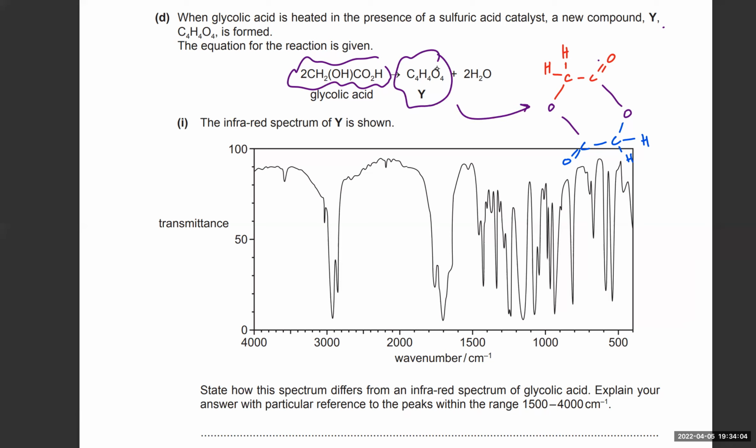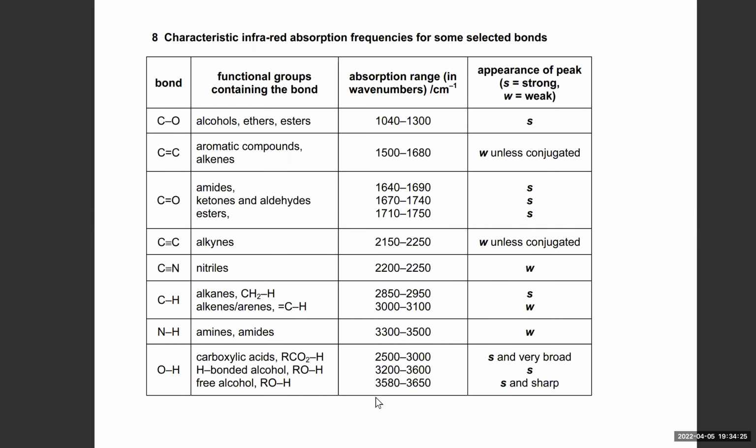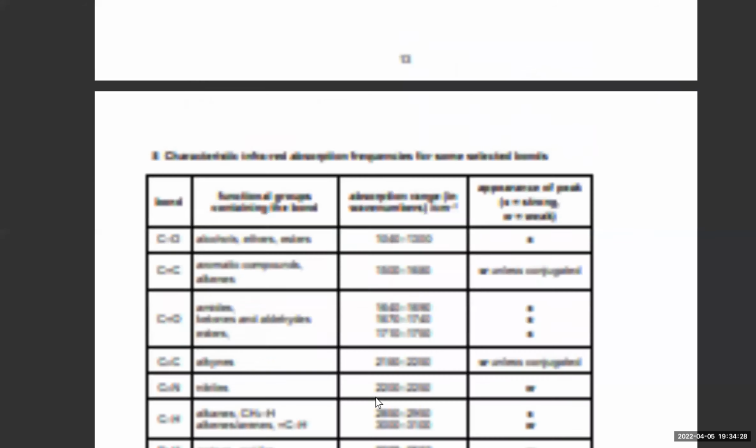And you can confirm this by the infrared spectrum. What does the infrared spectrum tell you? The infrared spectrum tells you you need to have the data booklet with you. So that's the infrared spectrum.